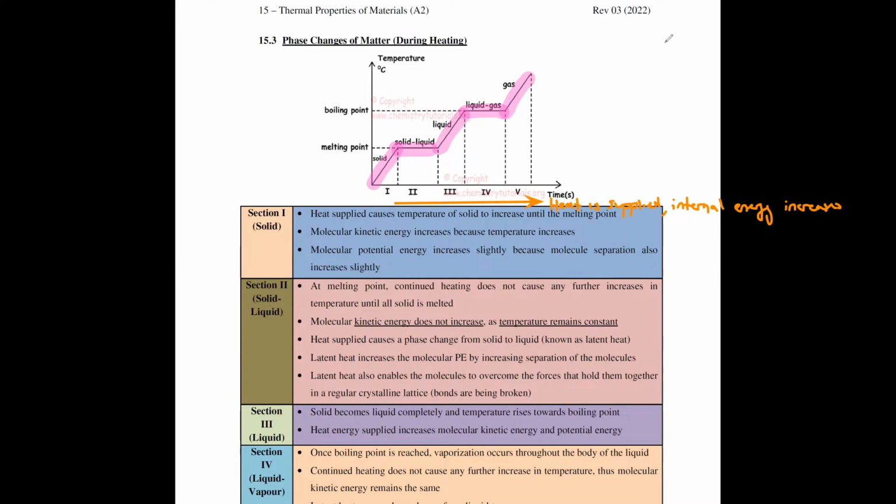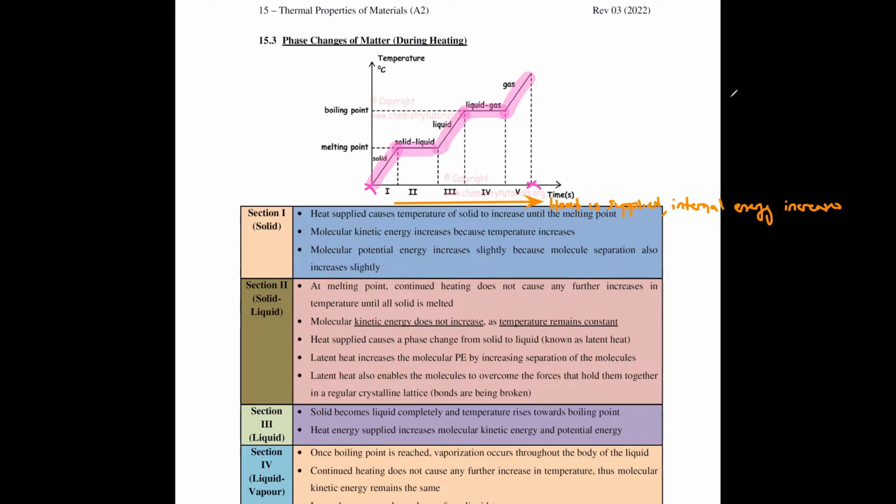Going from this point all the way to this point, you are continuously heating your substance. Heat is supplied, we also say that internal energy is increasing here. So there are a few things that you should be able to analyze from the substance as you continue to heat it through the different phases of matter.